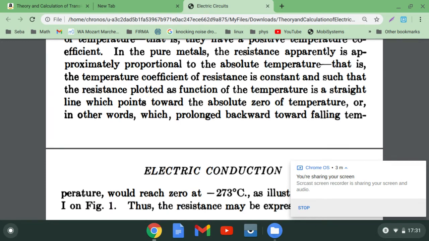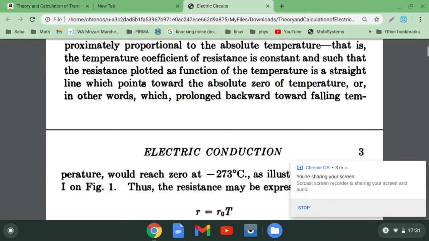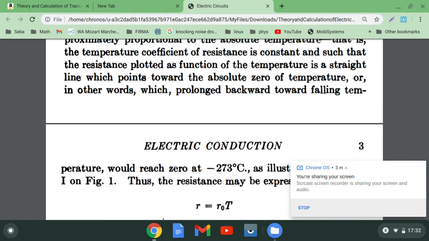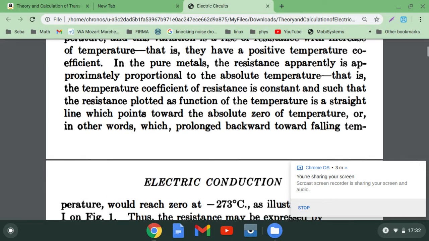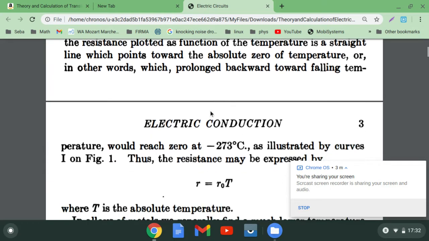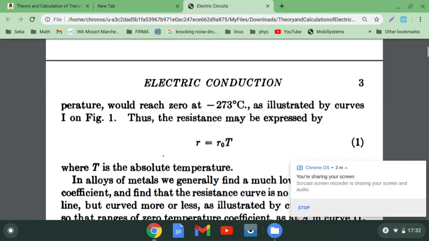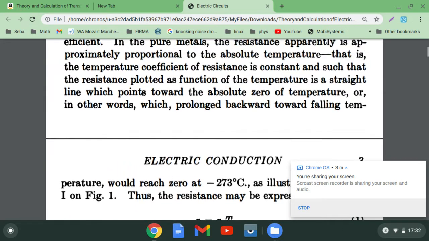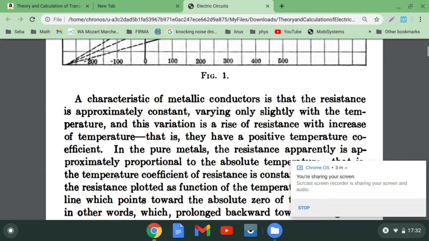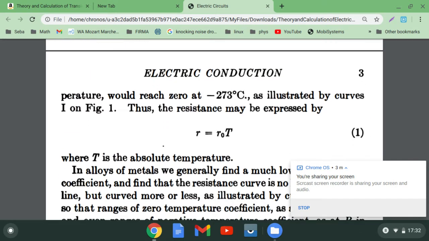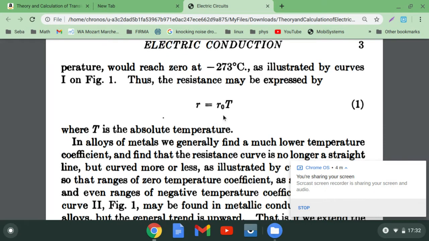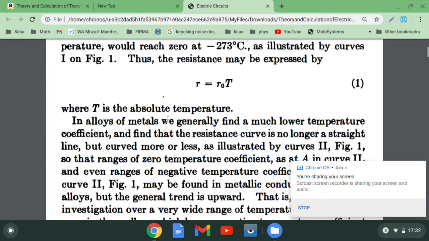That is, the temperature coefficient of resistance is constant, and such that the resistance plotted as function of the temperature is a straight line which points towards the absolute zero temperature, or in other words, which prolonged backward towards falling temperature would reach zero at minus 273 centigrade. As illustrated by curve 1 on figure 1, the resistance may be expressed by R equals R0 times T, where T is the absolute temperature.